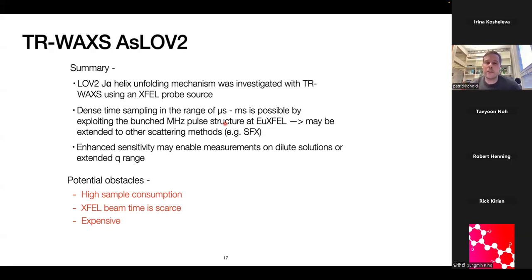I want to say like 70 milligrams of protein we used for the entire measurement. Also, XFEL beam time is competitive. It's very difficult to make these measurements, and comparatively probably more expensive than doing it at a synchrotron. So I'm not saying it's a one size fits all approach, but in certain situations it might make sense to do this type of transient WAXS or SAXS at an XFEL.